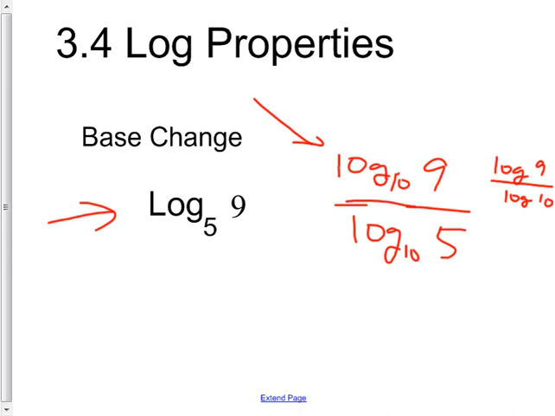You know what log 10 is? Log 10 is equal to 1. So when you say that this could really be log 5 over log 10, you're right. But log 10 is really 1. Why?